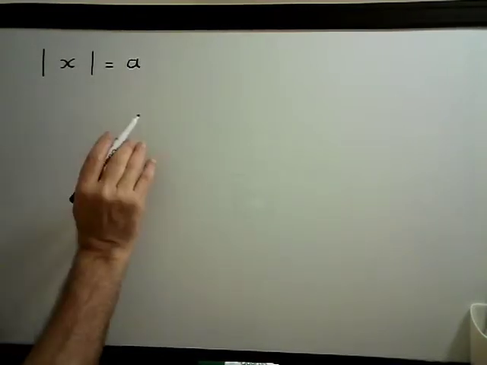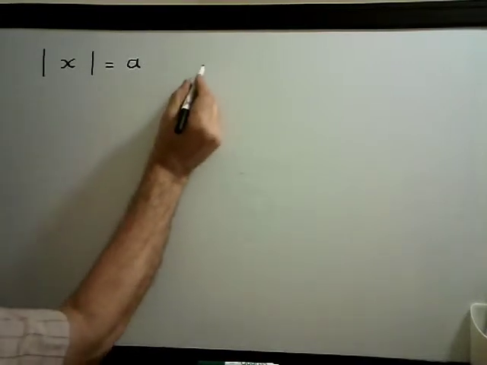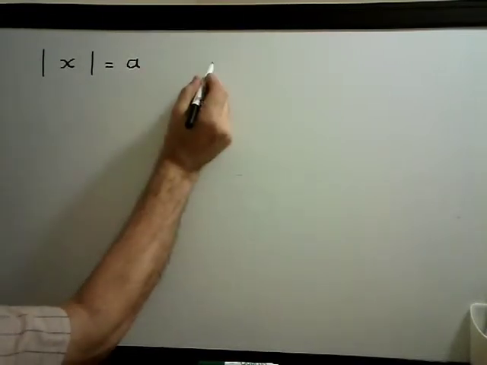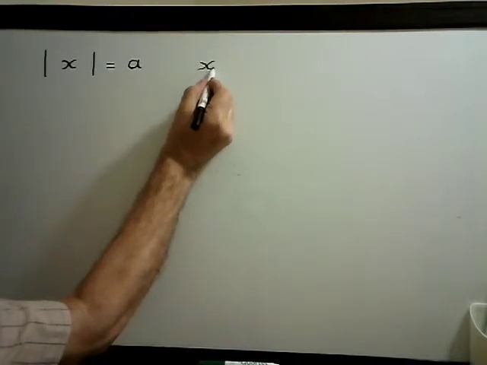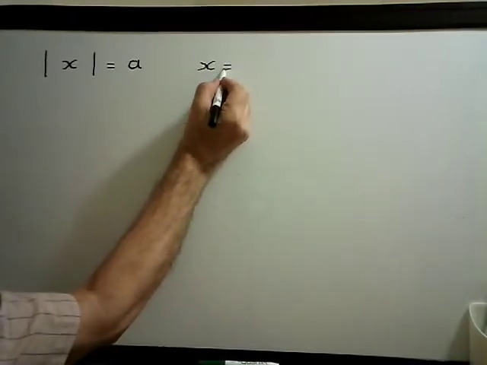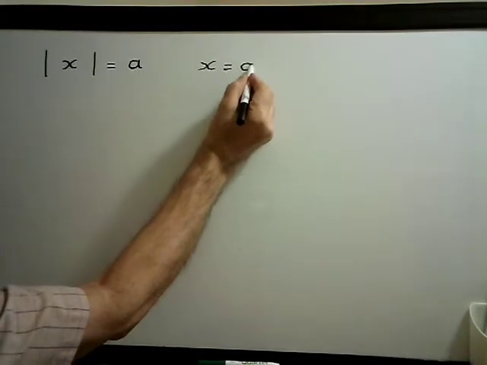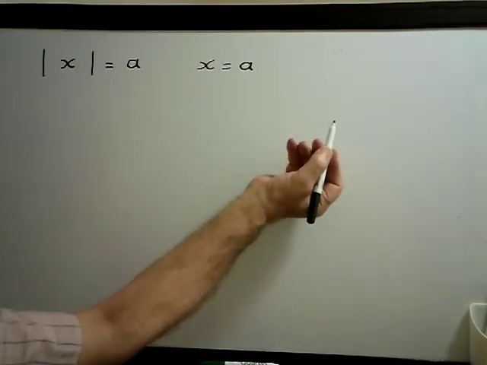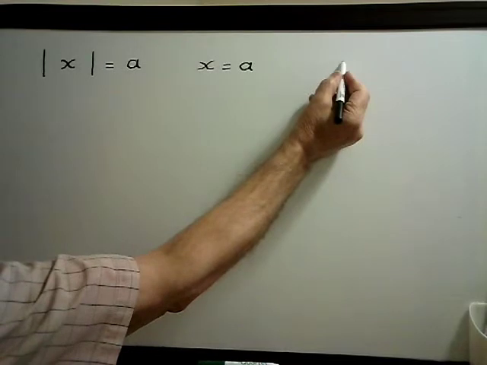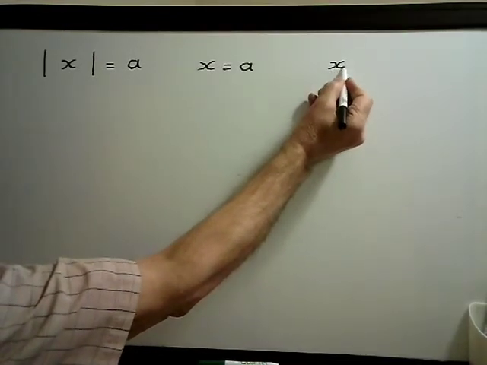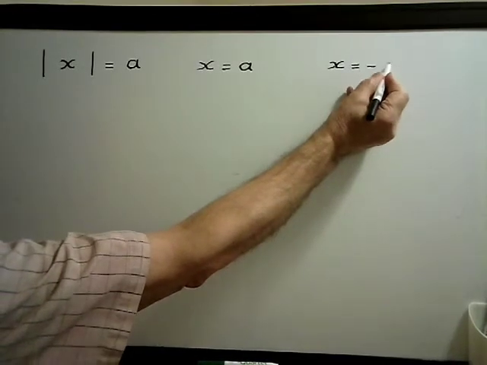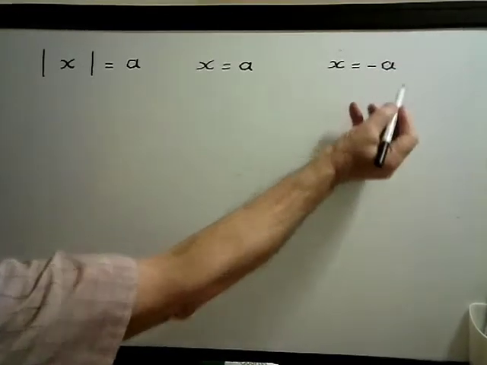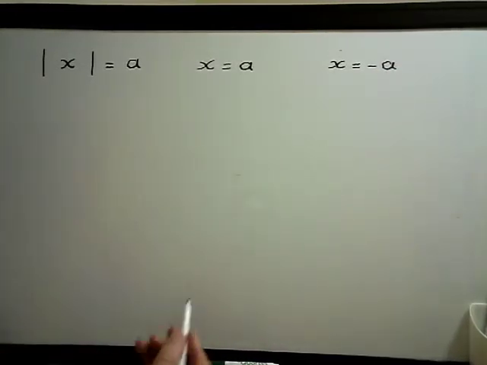The first one, we can consider x is equal to a. The second one is x is equal to minus a. Let me give you some explanation about this.